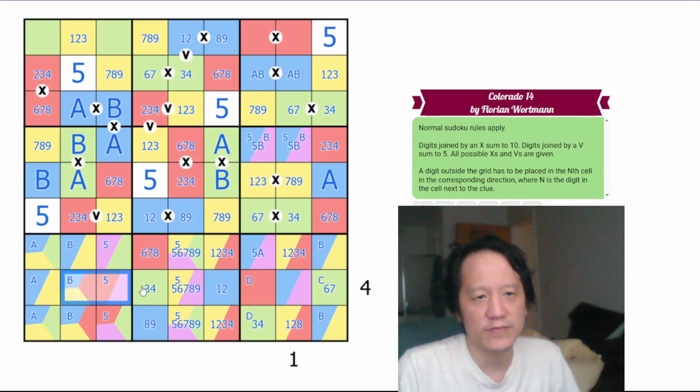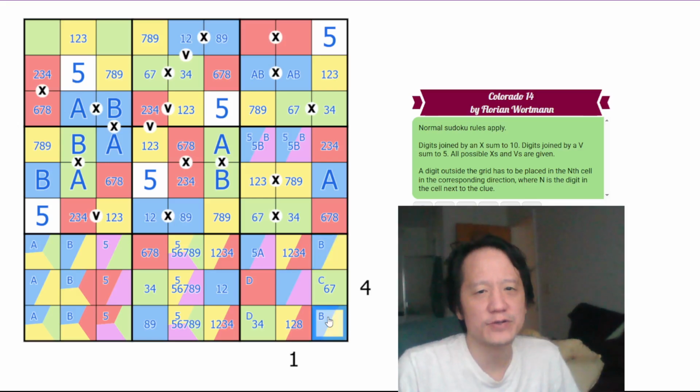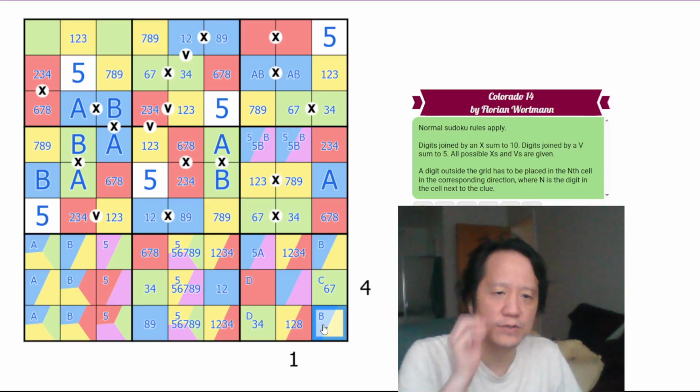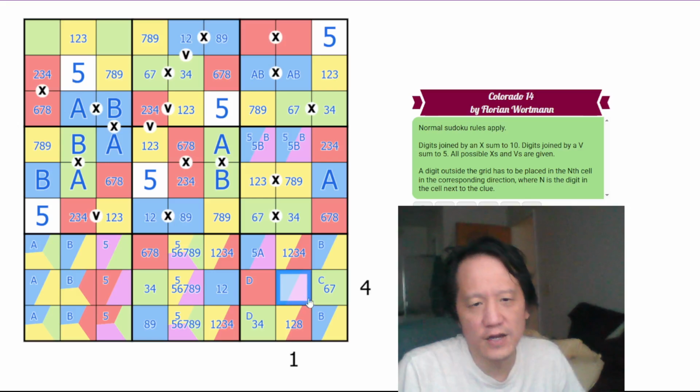This is kind of convoluted, but the high red, well, we already knew that. The high red has to be one of these 2. We don't know anything about the high yellow, though. And we have B also. This is 5 and A as possibilities.